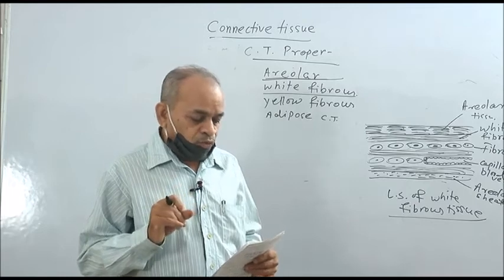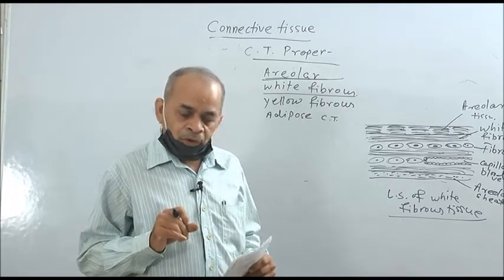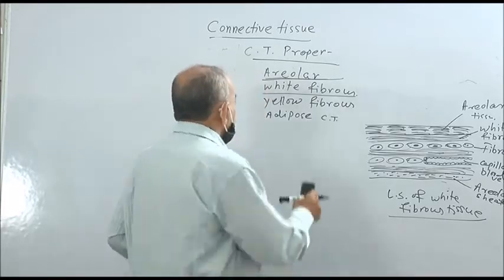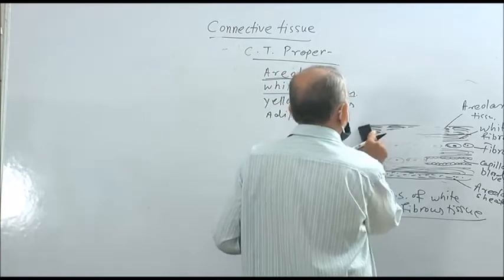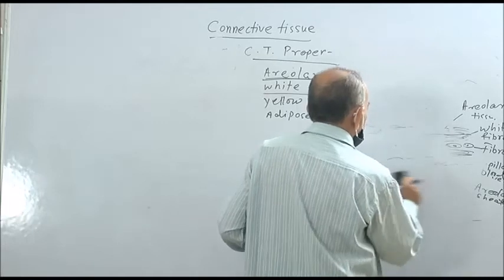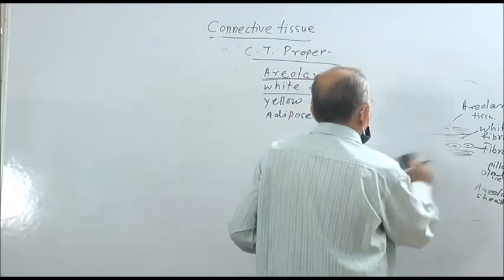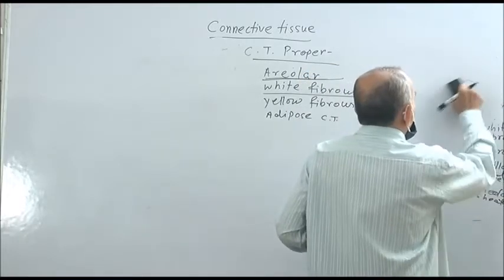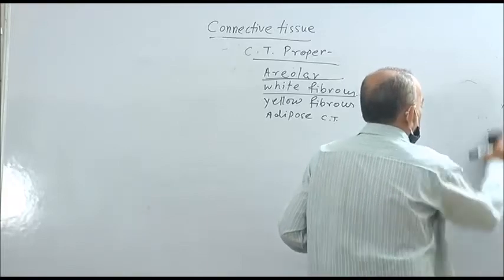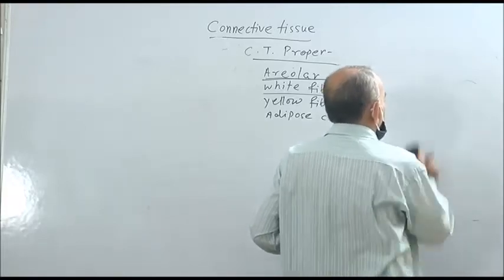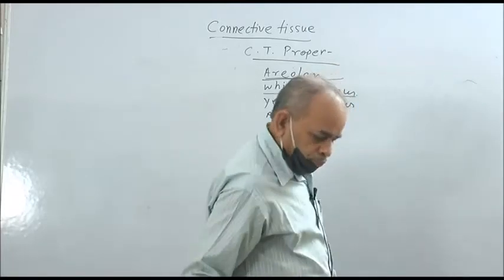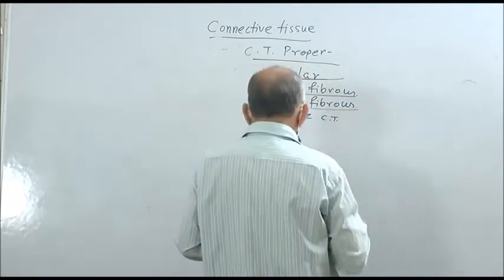So, this also occurs in the dura mater of brain and spinal cord and kidney capsules. Then yellow fibrous tissue.